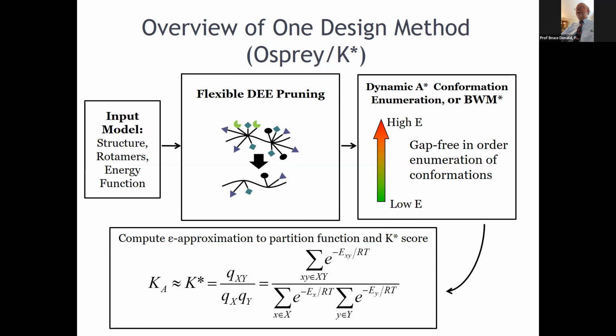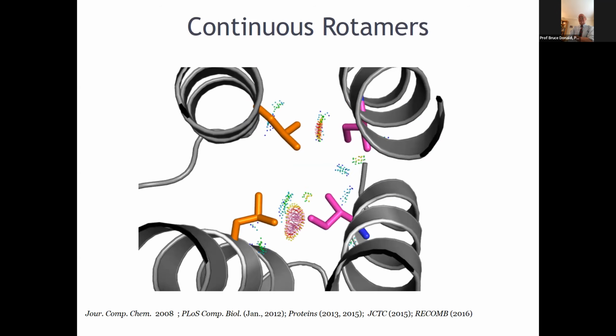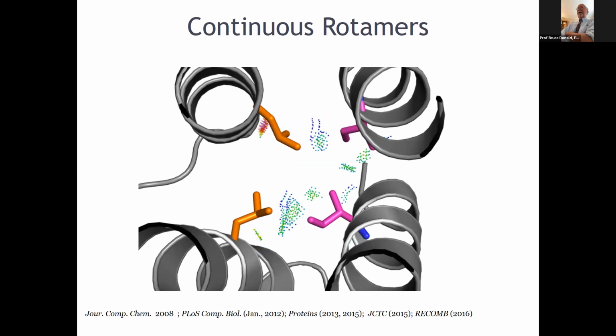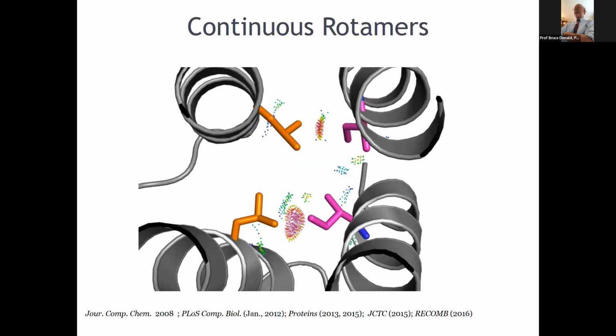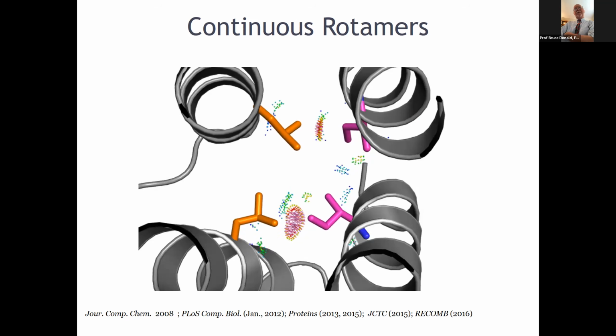Okay, so there are various tricks here. It gives you greater functionality because instead of just designing to a single state, you can look at binding as well. So another technique that is useful here is looking at these rotamers not only as discrete, but as continuous entities. Here we see an interaction from interleukin 14, which is a kind of immunosuppressant system.